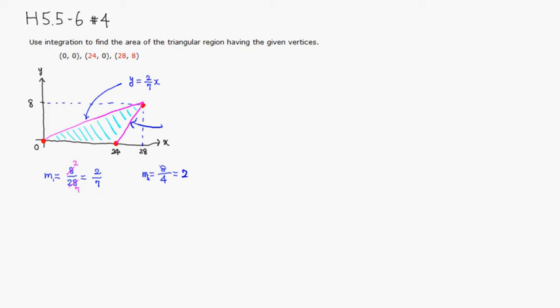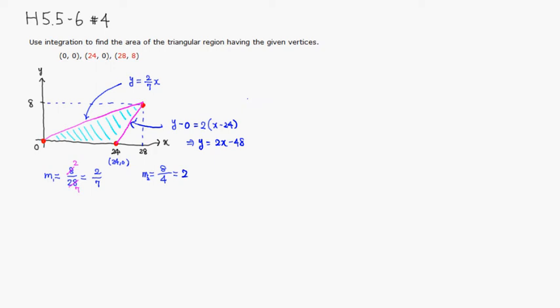Then we have the point 24, 0. So we know that y minus y1, which is 0, is equal to the slope 2 times the quantity x minus 24. If you simplify that, you get y equals 2x minus 48.